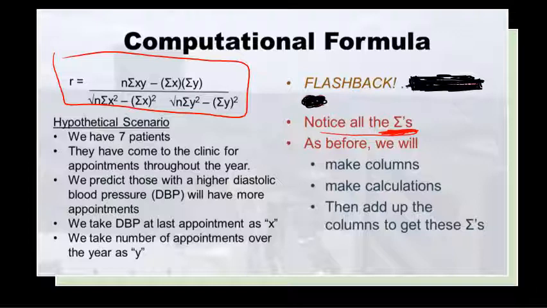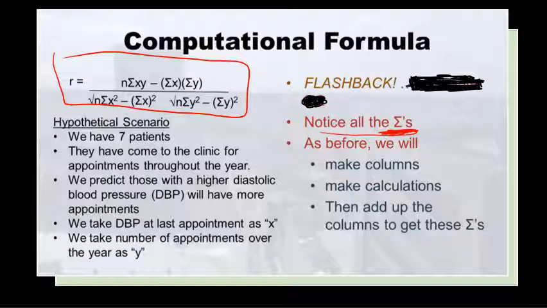We're trying to see if there's a correlation between their diastolic blood pressure and how many appointments they need to be seen for over the year. So we predict that those patients who have a higher diastolic blood pressure, a higher DBP, will have more appointments, or they will have required more appointments throughout the year.